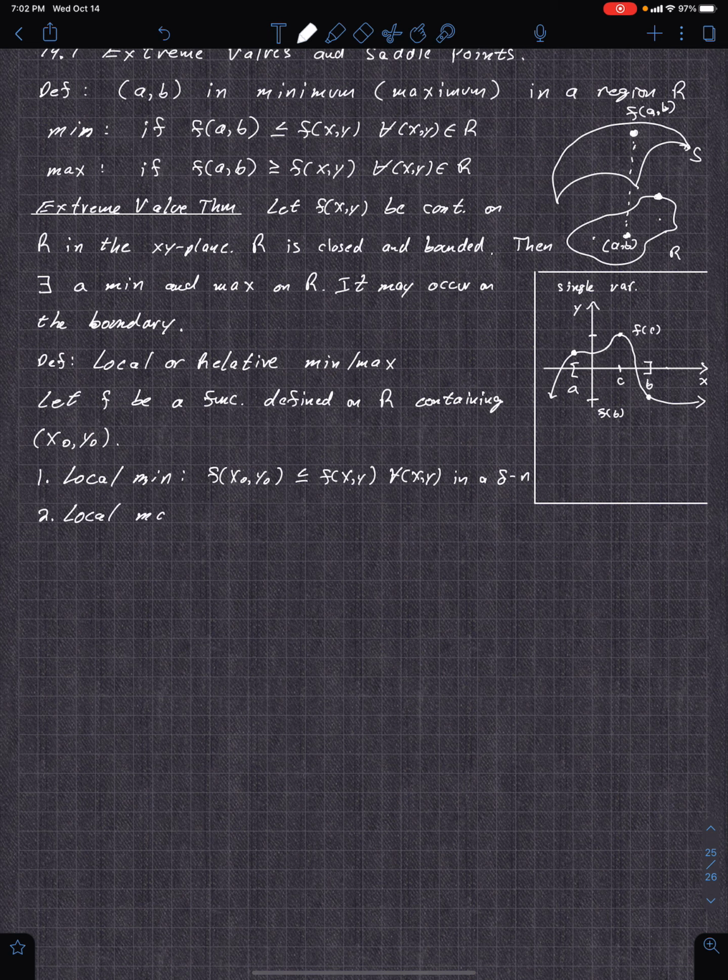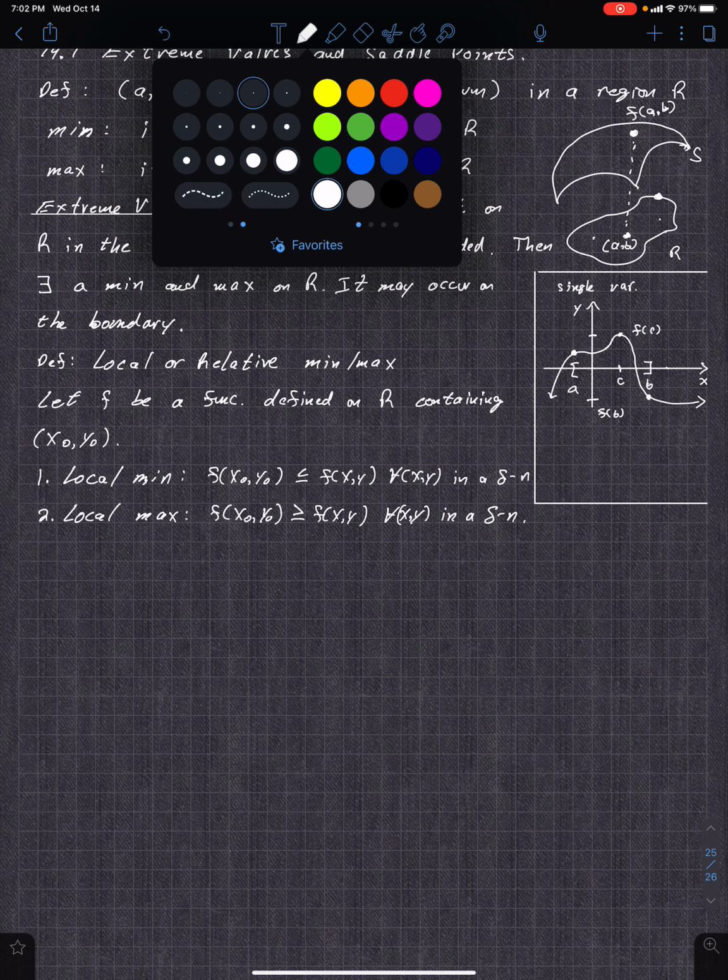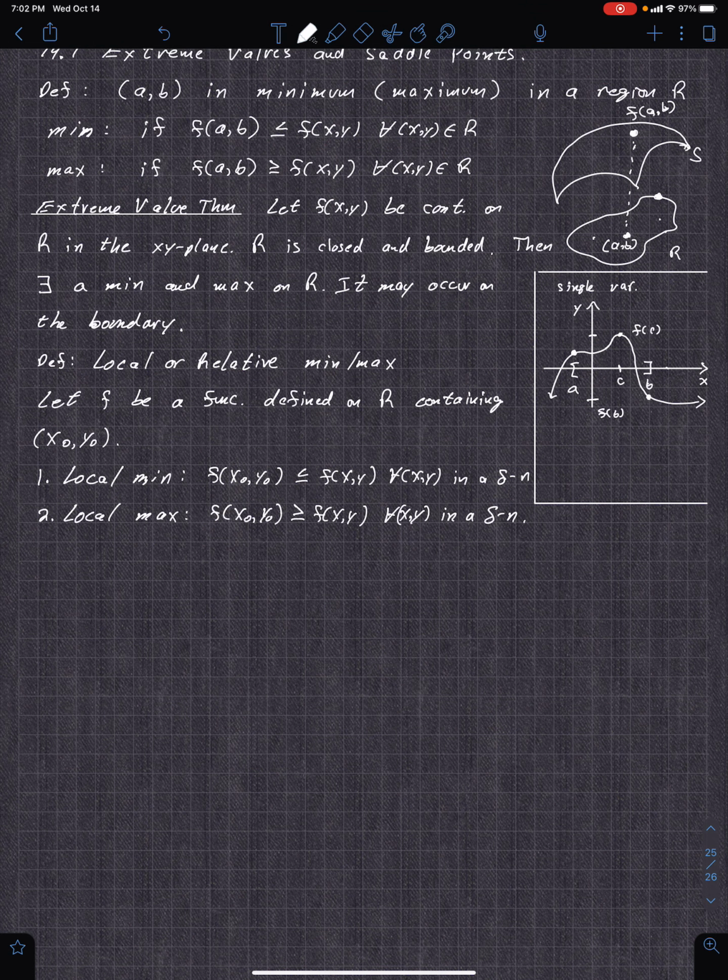Okay, so local maximum, same idea. f of x naught, y naught is greater than or equal to f of x, y for all x, y in a delta neighborhood. So remember, a delta neighborhood is basically this idea, right? I can do a little circle, and at some point it's the maximum or minimum within that delta neighborhood.